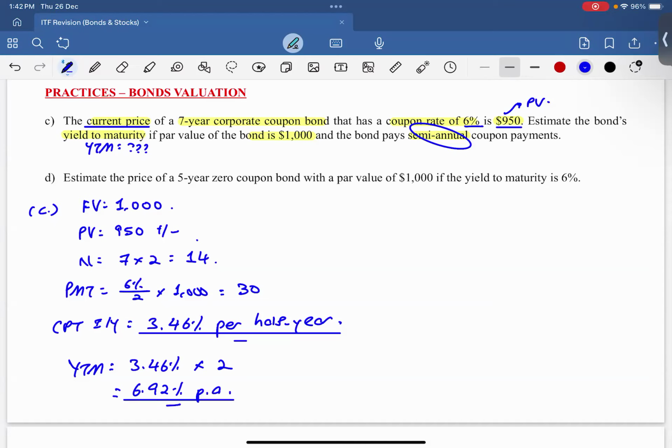Therefore the answer here is 6.92%. Usually the marks are allocated 1, 2, 3, 4, 5, 6, 7, 8, like that.